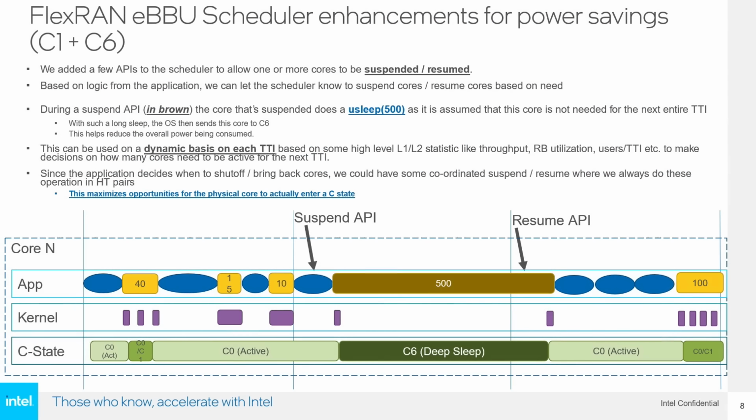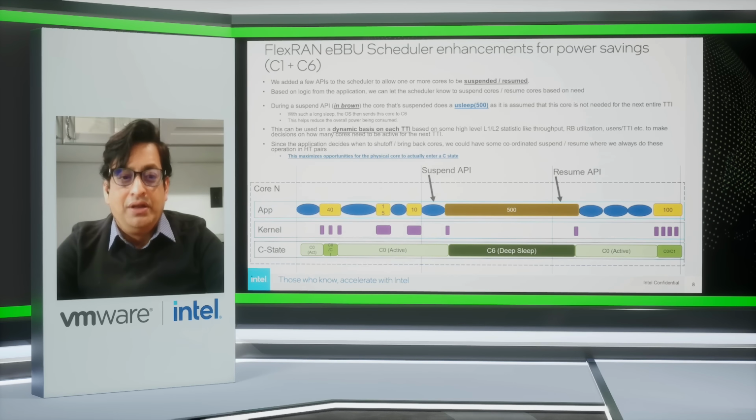Of course, it would be a miss if I don't touch on the improvement that we have made in the vRAN market with our FlexRAN baseband unit scheduler enhancements, where we're able to leverage different C states and P states when the suspend API and the resume API work.